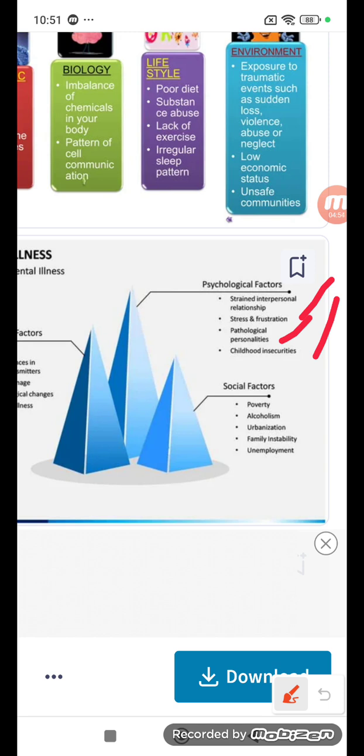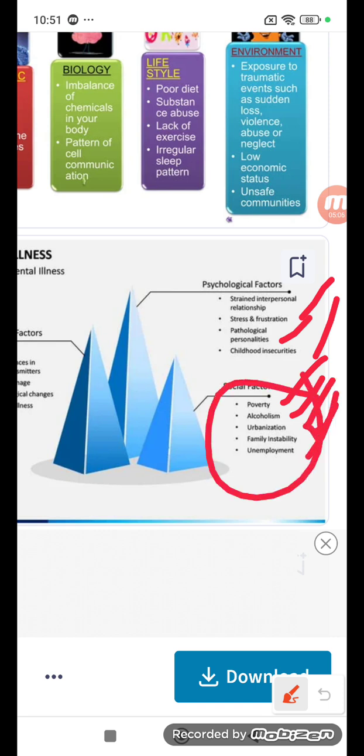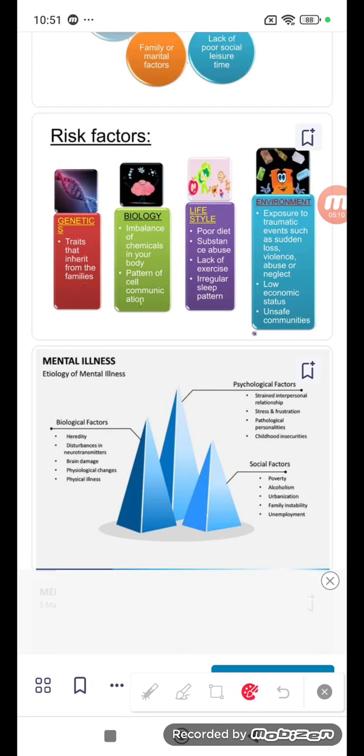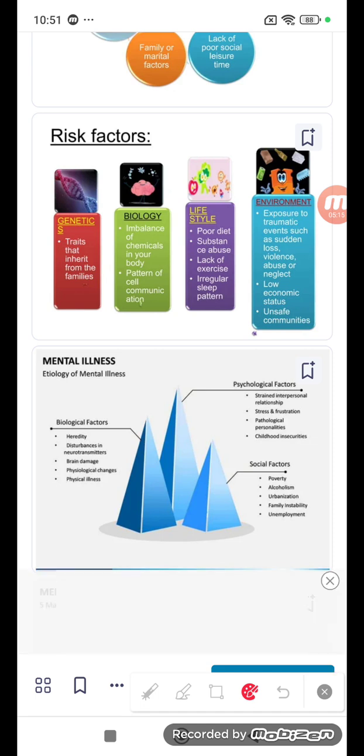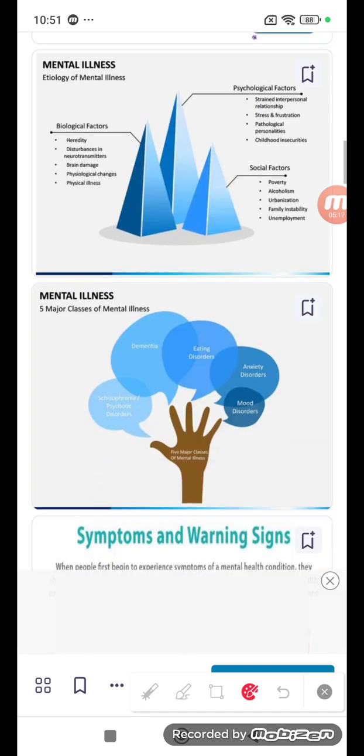Social factors mean poverty, being economically weak, alcohol consumption, urbanization, family instability, and unemployment. These social factors sometimes affect the nervous system, and abnormal patterns develop, which is called mental illness.